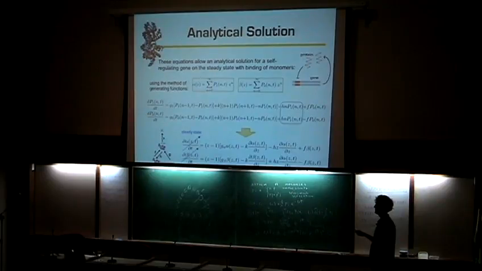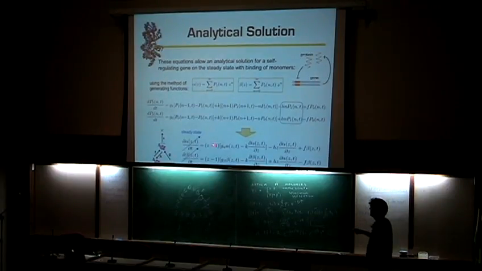The nth derivative at z equals 0 is going to give you the Pn of t. So you can recover all the probabilities of the states from the derivatives of this function. So if you plug this into the set of equations over here, you end up with two differential equations.